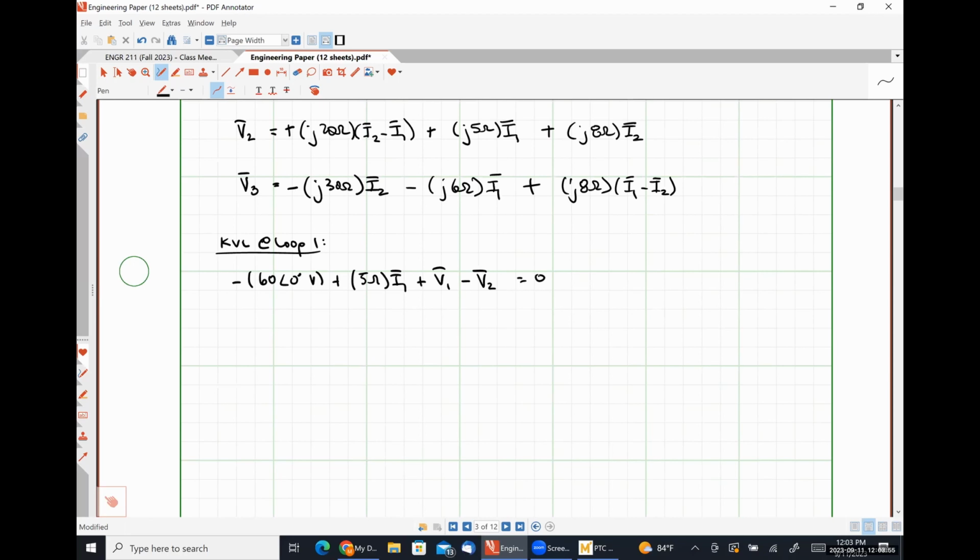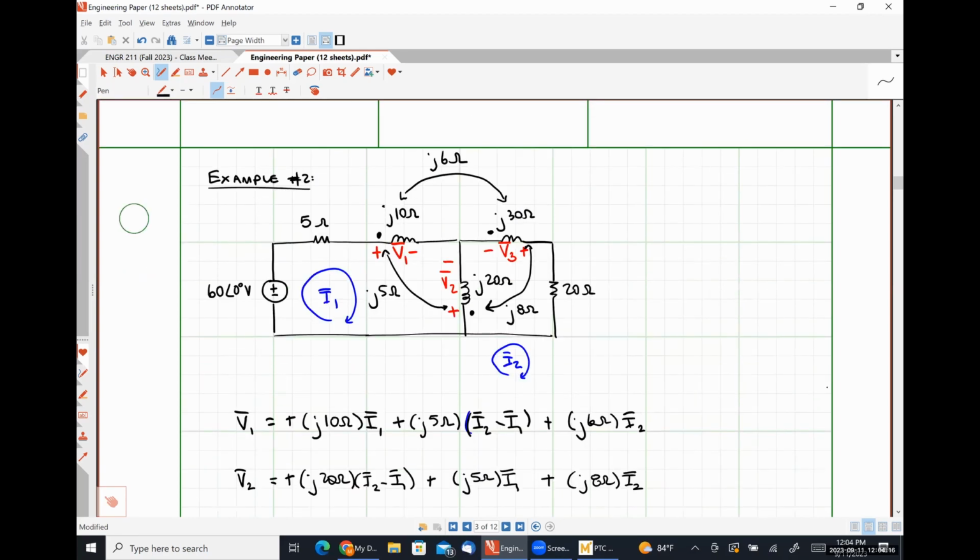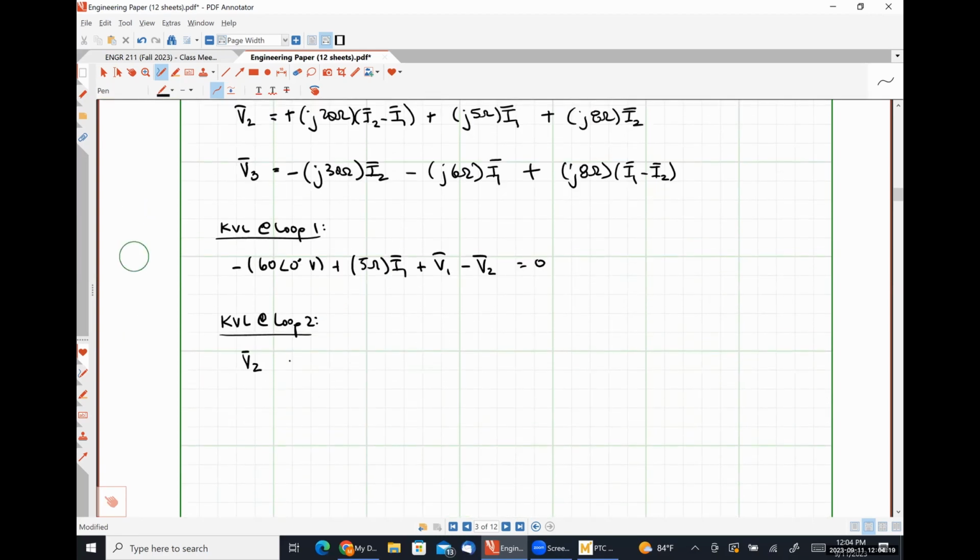And then we would substitute in our expression for V1 and V2. Then for the next loop, V2 minus V3 plus 20 ohms times I2.